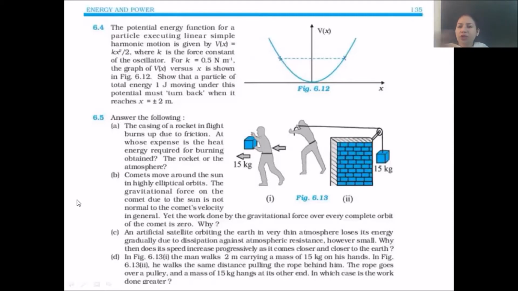Simple harmonic motion means it is an oscillatory motion, right? And when we put the value of k, we will get some value of x. That would be our answer, that the particle moving with this potential must turn back when it reaches x equal to plus minus 2 meters. So let us check whether we get x equal to plus minus 2 meter or not, using the expression for V, potential energy, that they have given.